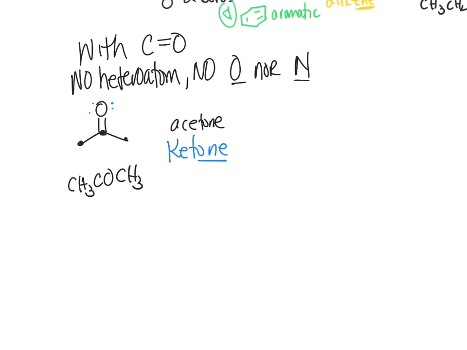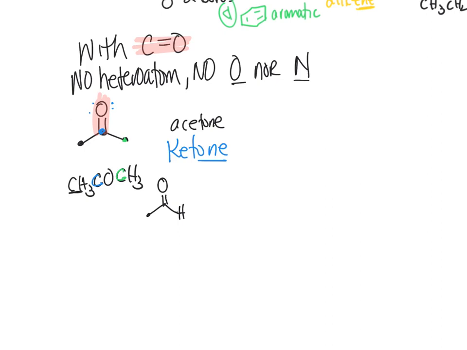Now, the carbonyl, so this is the carbonyl. If the carbonyl is at the end carbon, so if you have something like this, where there's a hydrogen here, so this is a carbon, CH3, and you've got this carbon and then this CH3.